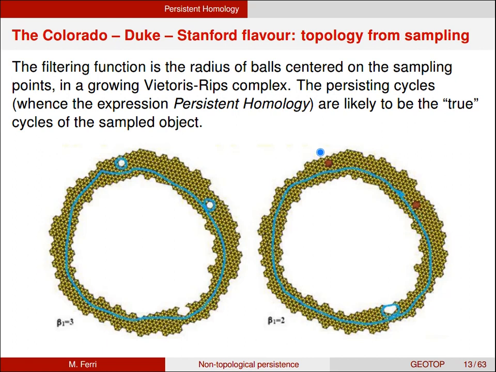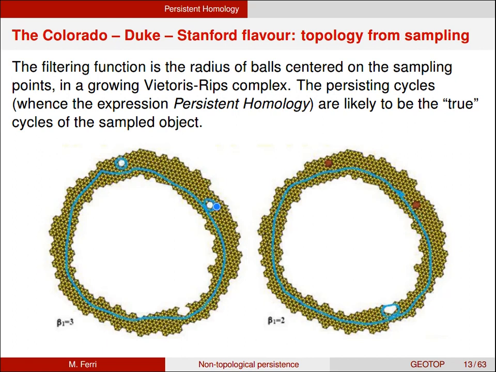Put small balls around each point, each sampling point, okay? But what happens? Which radius for these balls? Okay, of course, first of all, make it so that just one connected object comes out, okay? Yes, but when a connected object comes out, you might have this big one cycle, this circle, but you might have also these small holes.